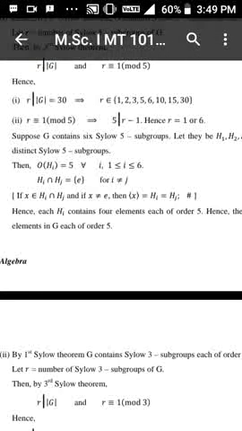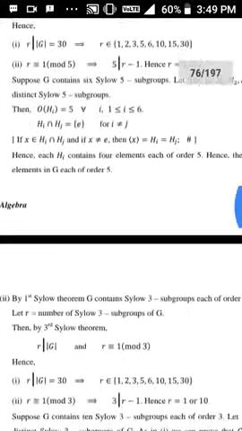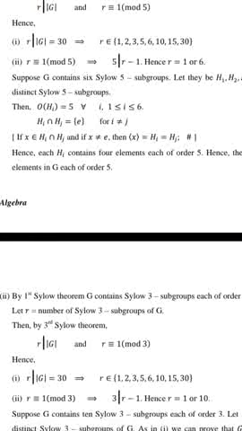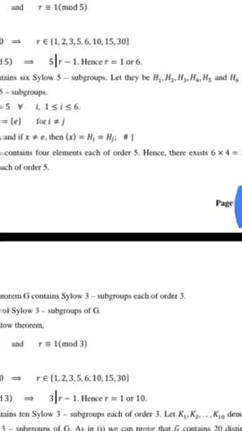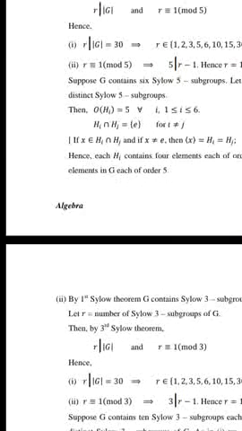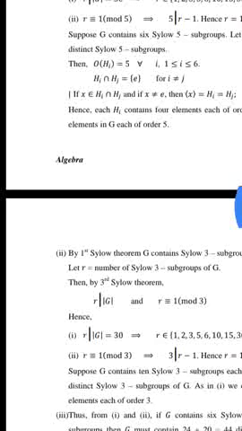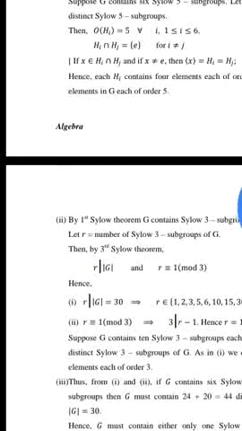Hence, each Hi contains 4 elements, each of order 5. Hence, there exist 6 multiply 4 is equal to 24 elements in G, each of order 5. Therefore, G of order 30 is not simple.